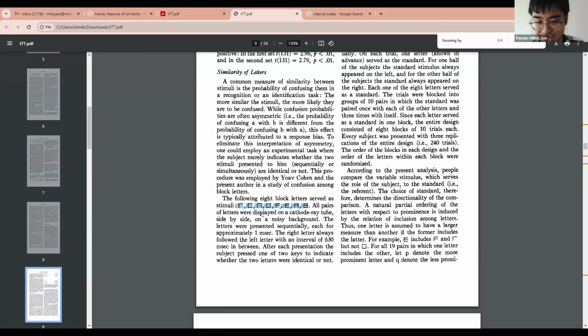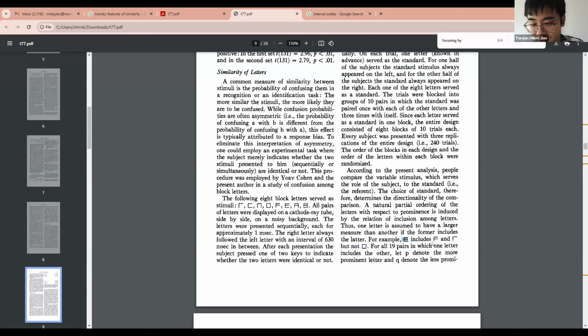And how does the similarity work in this case? Well, if the letter of comparison contains the subsequent letter, then it's more salient. For example, let's say you saw letter E first, and then the second letter you saw was letter F, then you need to press the button to say whether they are identical. Because letter F is a subset of the features of letter E, right?